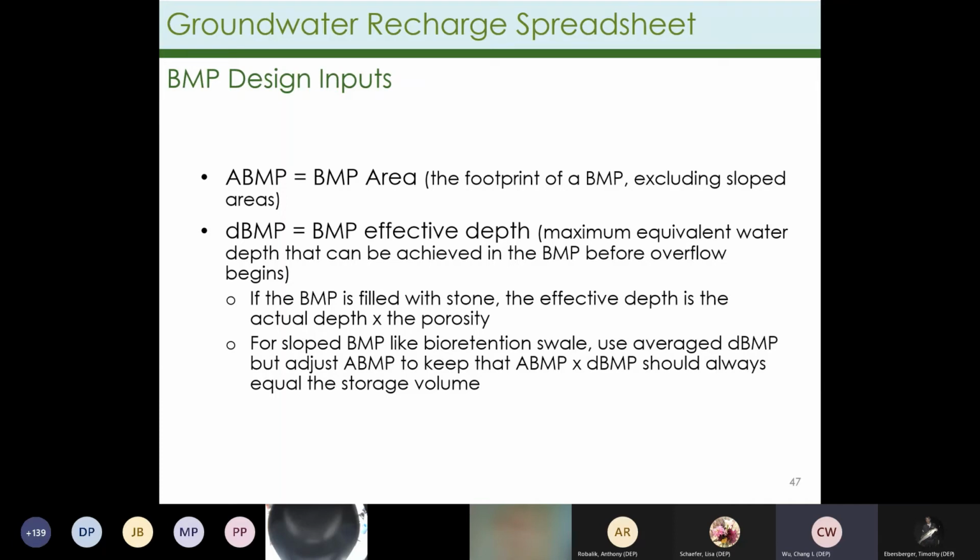So if the BMP is filled with stone, then the effective depth is the actual depth times the porosity. For a slope BMP, you can use the average DBMP, then adjust the ABMP to keep that ABMP times the DBMP always equal to the storage volume.